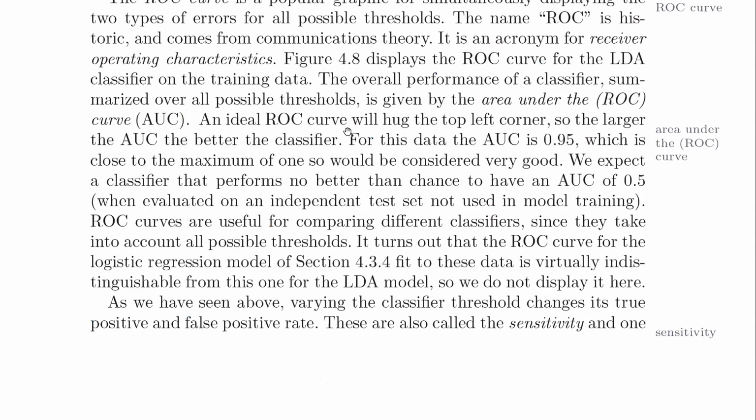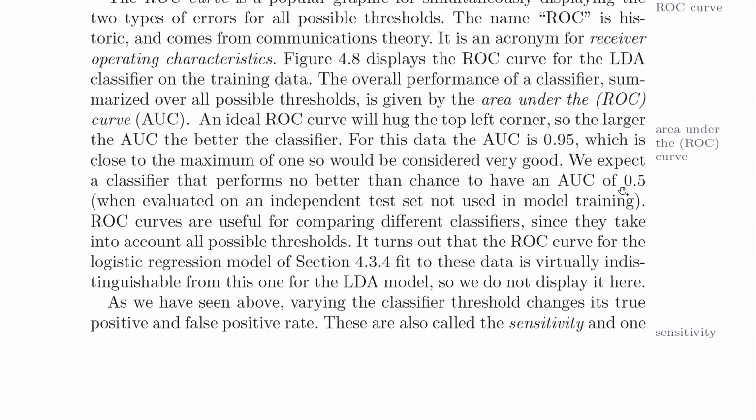An ideal ROC curve will hug the top left corner, so the larger the AUC, the better the classifier. For this data, the AUC is 95%, which is close to the maximum of 1, so would be considered very good.